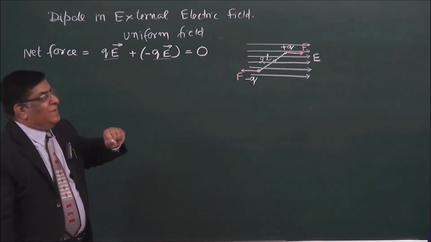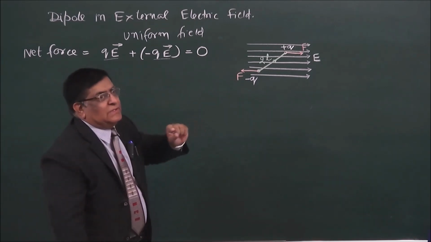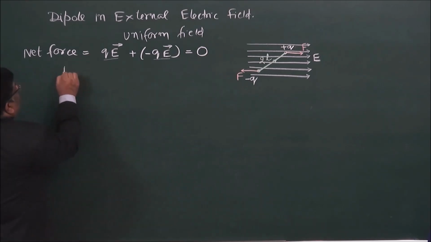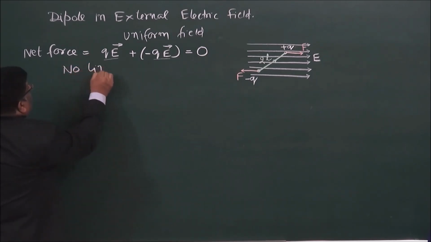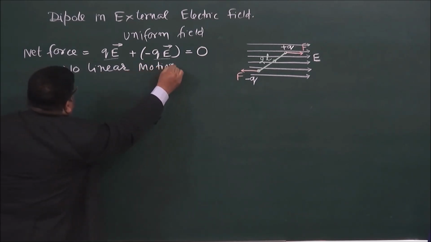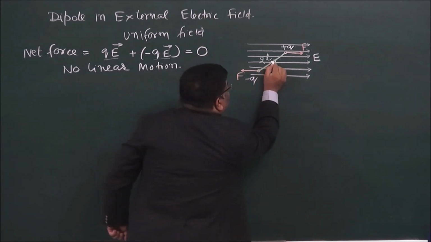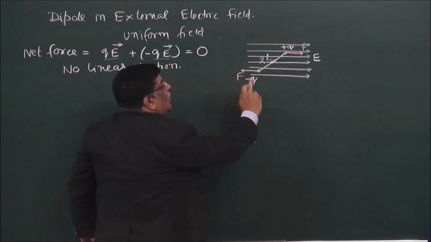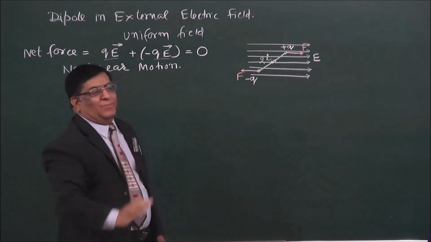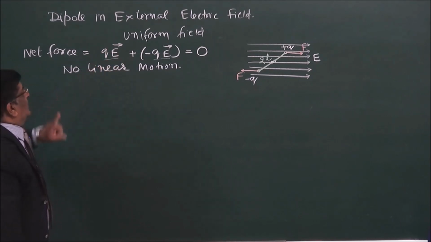It means that if the net force on a body is 0, the body will not have any linear motion. That means the center of mass of this dipole will not move in any direction. That is what we have just proved.